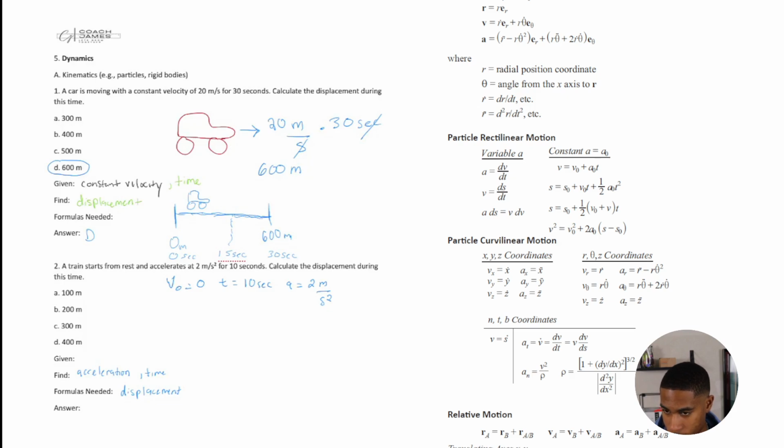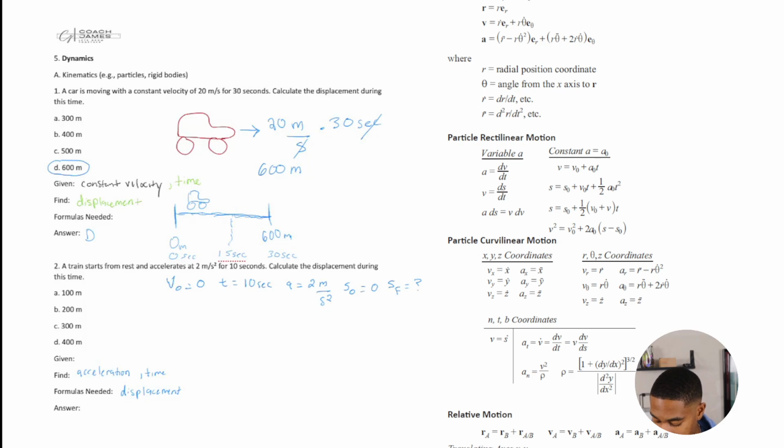And I'm trying to find, so I know my S initial is 0, which is the initial distance. It's going to be 0 because it starts at rest, but my S final is equal to question mark, because I don't know what my final is.